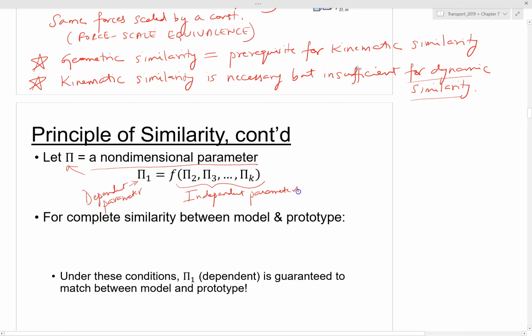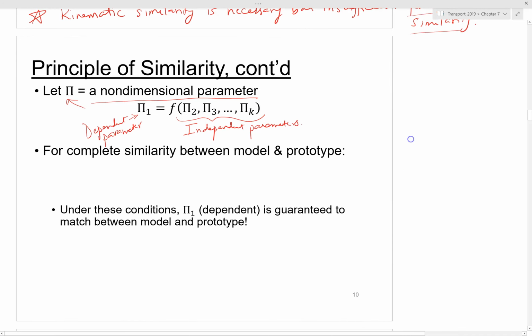So do this step for both the model and the prototype.